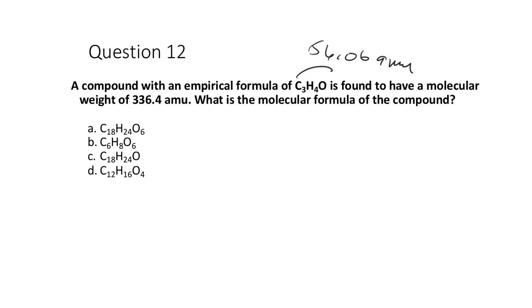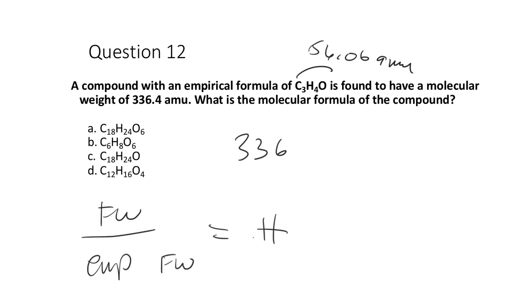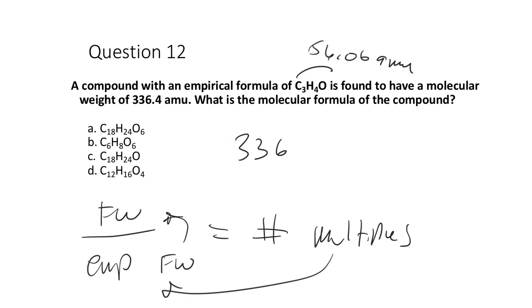That's 56.06 AMU. And so we're going to take the formula weight and divide by the empirical formula weight. This will give us the number of multiples of that empirical formula in the overall formula of the compound. So I go 336.4 AMU divided by 56.06 AMU. This should give me a whole number.